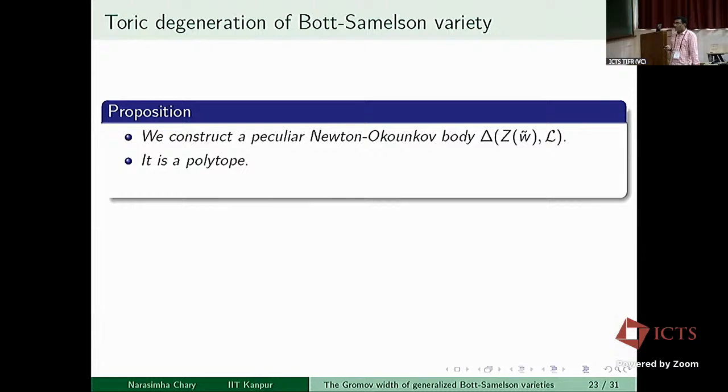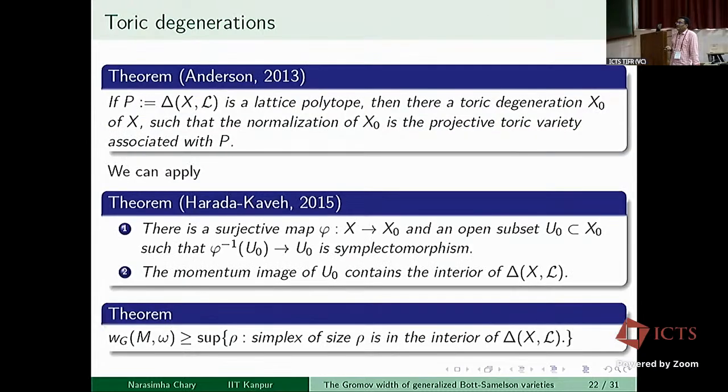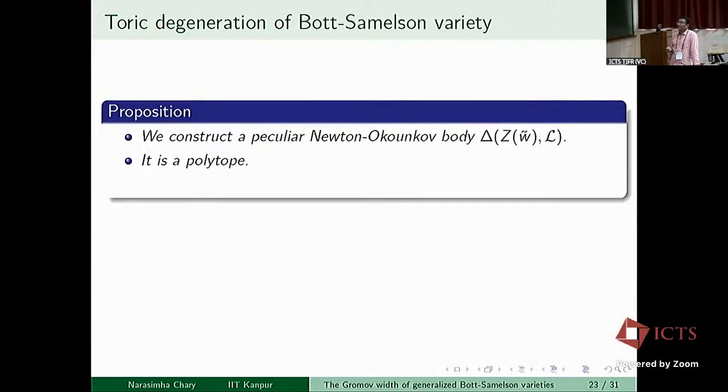So what is our idea? In our case, we wanted to find nice Newton-Okounkov bodies for the Bott-Samelson varieties. That means we want to find toric degenerations of Bott-Samelson varieties. In the literature, toric degenerations of Bott-Samelson varieties are known by Grossberg and Karshon, and also by Pasquier.